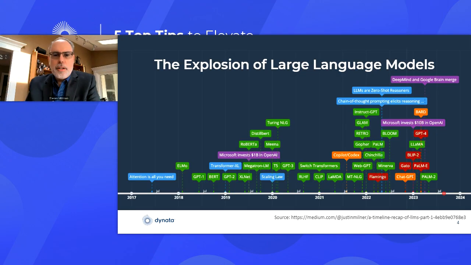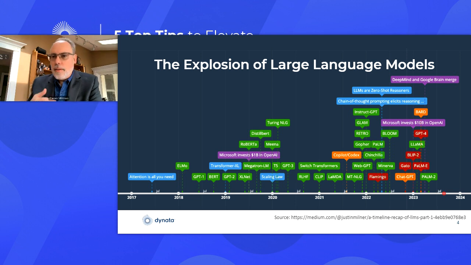Why are we talking about large language models? Because they have exploded. OpenAI made the decision to give everybody access to their systems with ChatGPT. And suddenly these AI tools, which previously required PhDs and lots of firepower, became available to the masses.